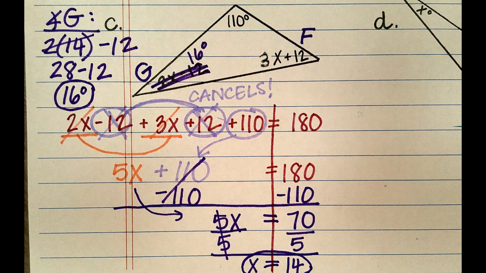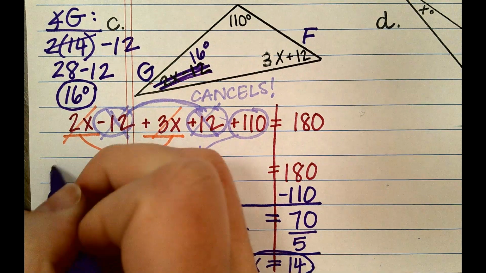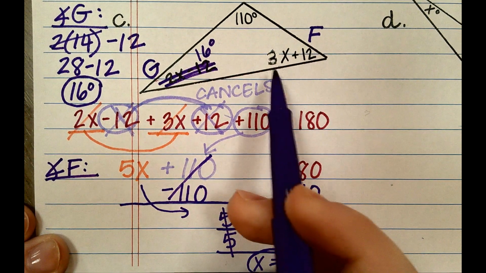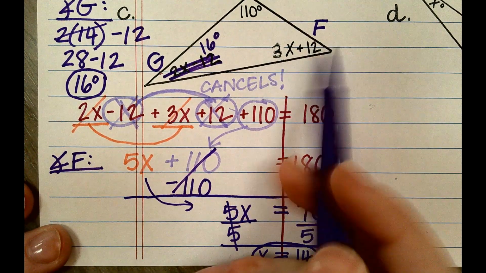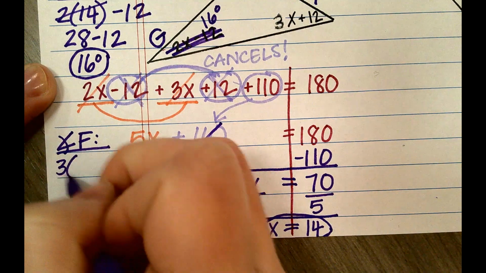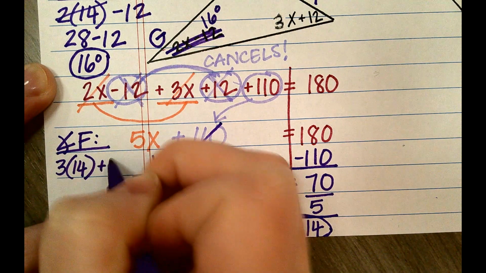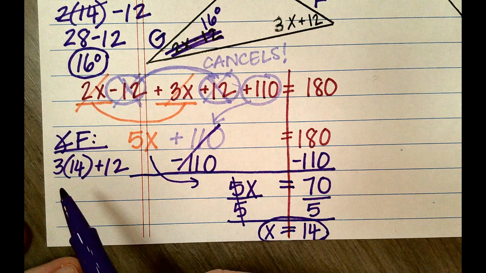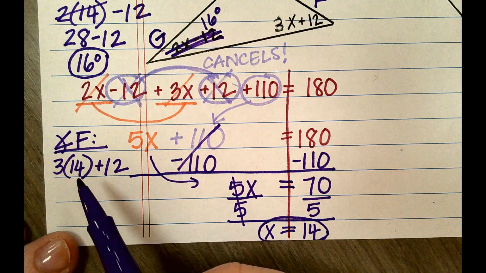How about angle F? Exact same thing, but now we're using 3x plus 12, so 3 times 14 plus 12. Three times 14 is 42.